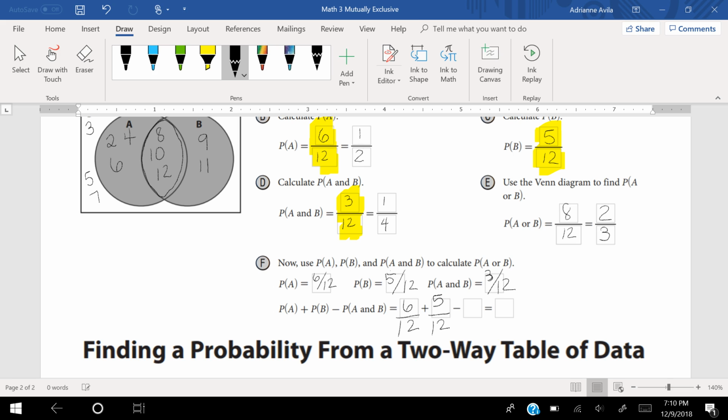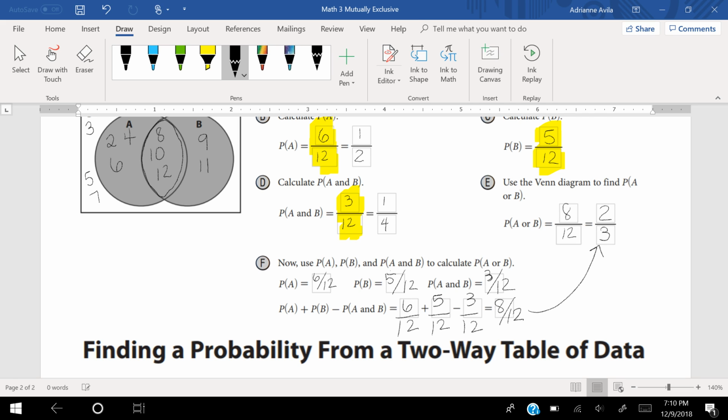Then I need to subtract off 3 of the 12. And so when I subtract that, I'm going to end up with 11 minus 3, which is 8 out of 12. And that's the same as 2/3. So we can see how the rule actually applies when we're doing our probabilities.